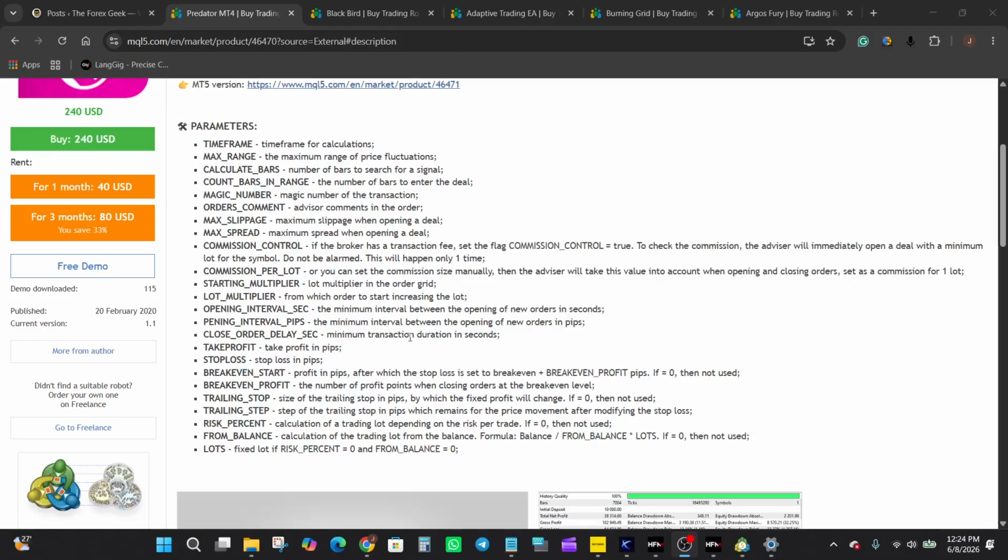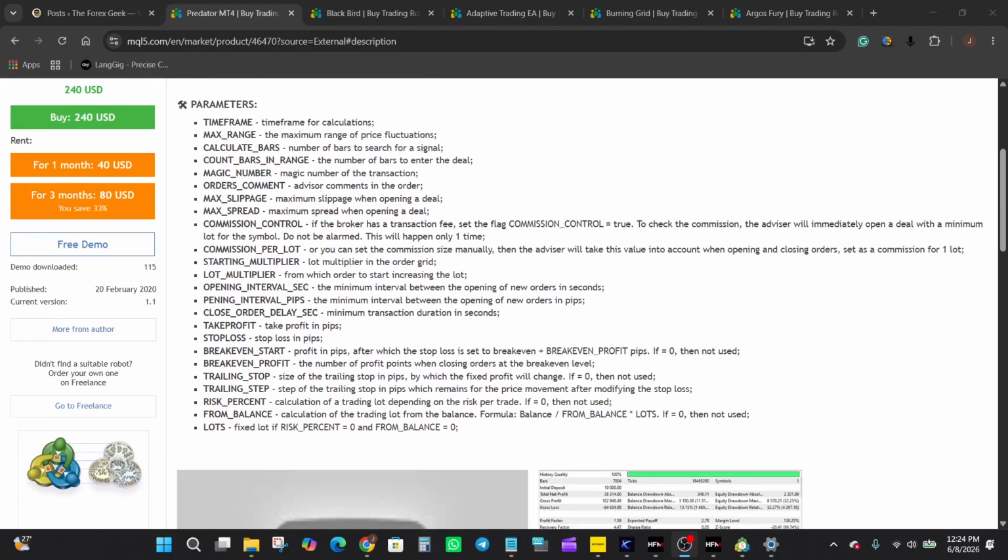There are also timing controls that manage how frequently orders can be opened, which helps regulate trade frequency. Now, before moving into backtesting, I'll just highlight that it is recommended for liquid pairs with small spreads, so that context is important when evaluating performance.